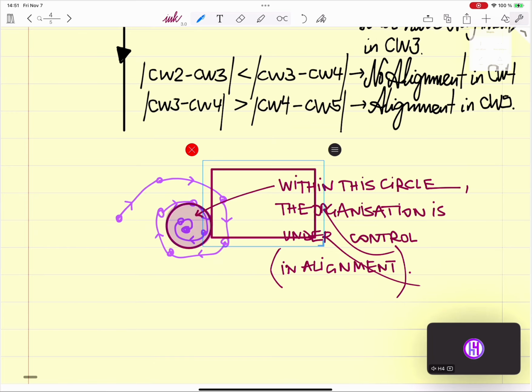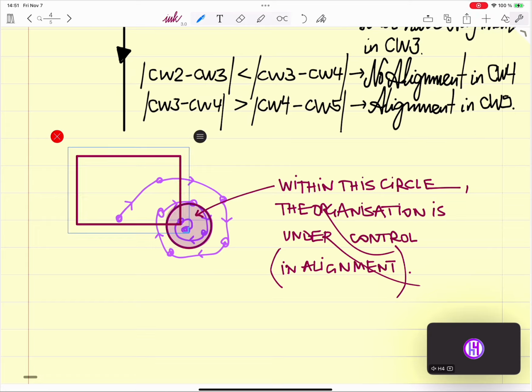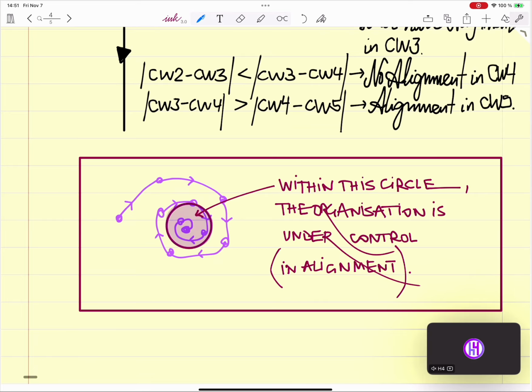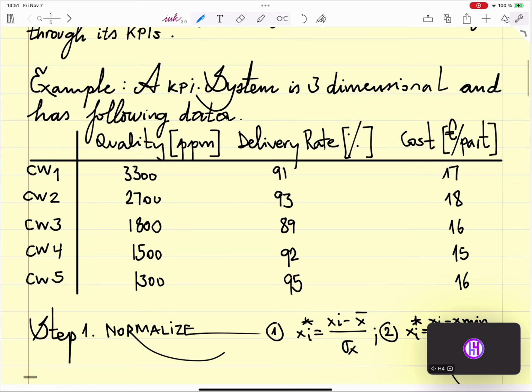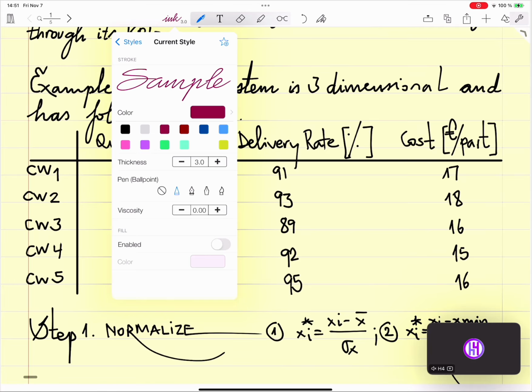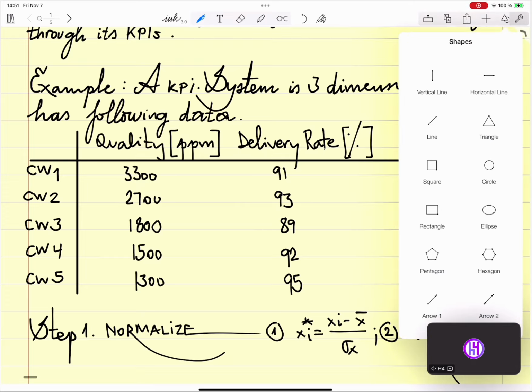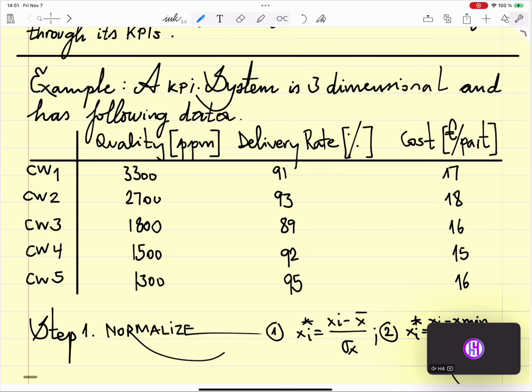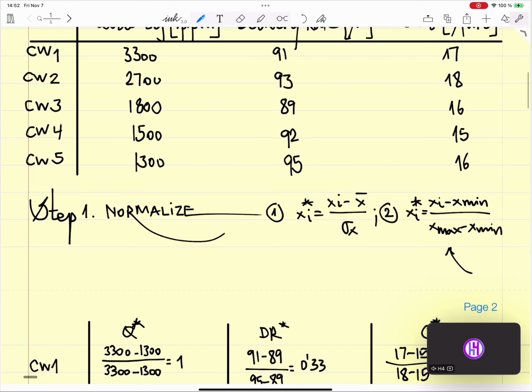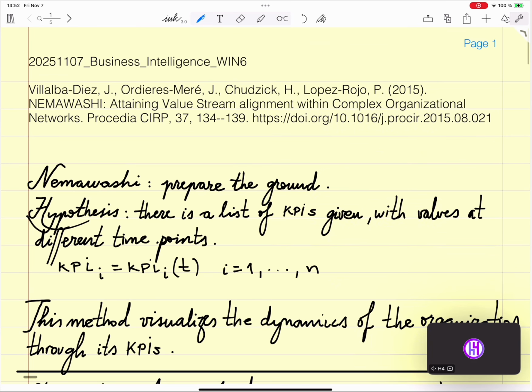So now you have a methodology to translate KPIs, management numbers, into something that can be interpreted, where you can say, okay, I have my system under control, or my system is jumping around like crazy and I need to do something about it. Questions? Okay.